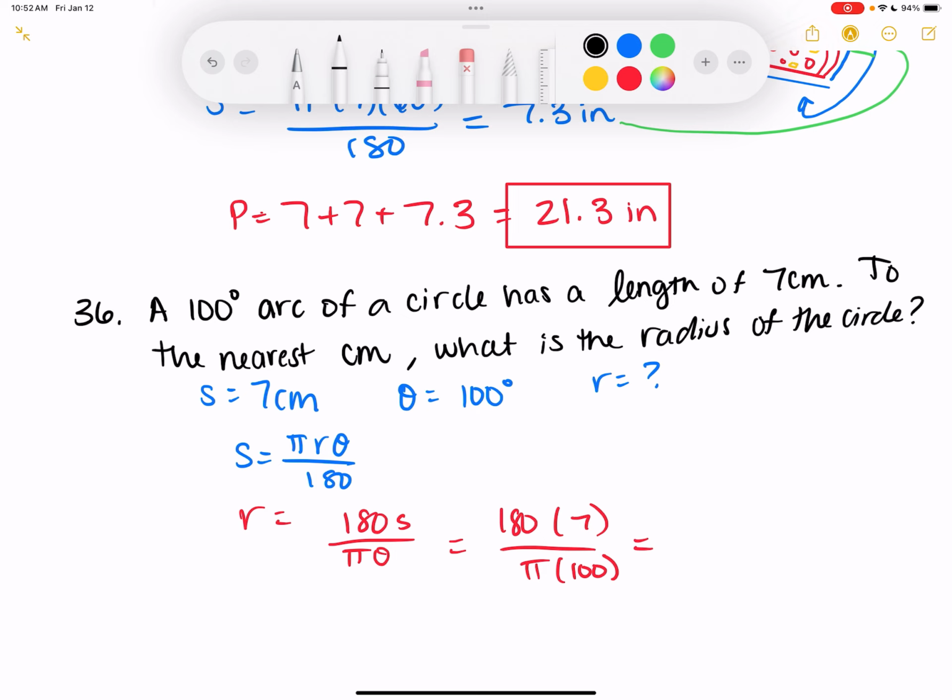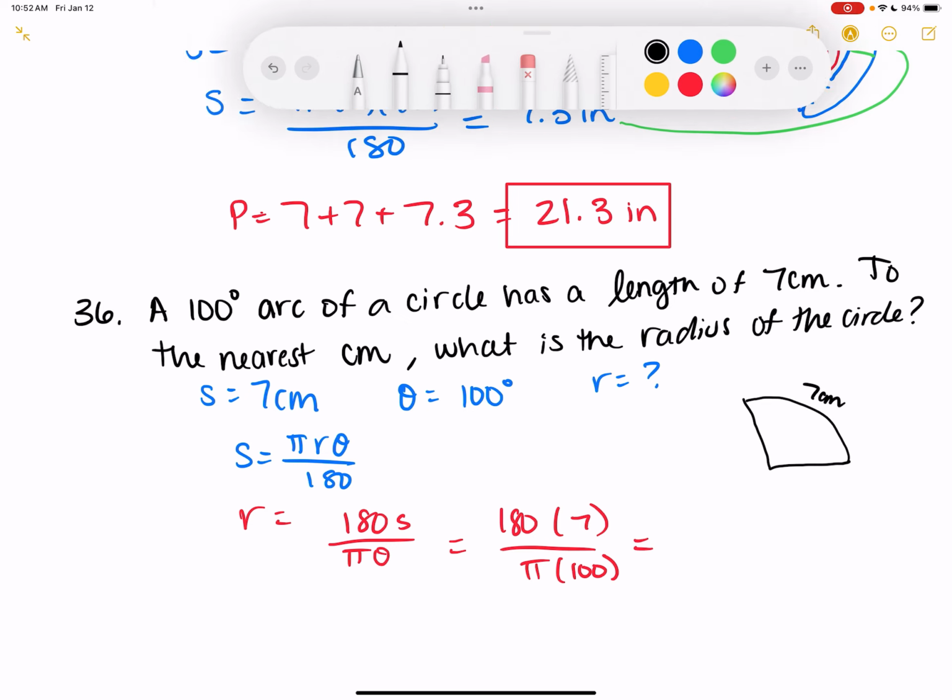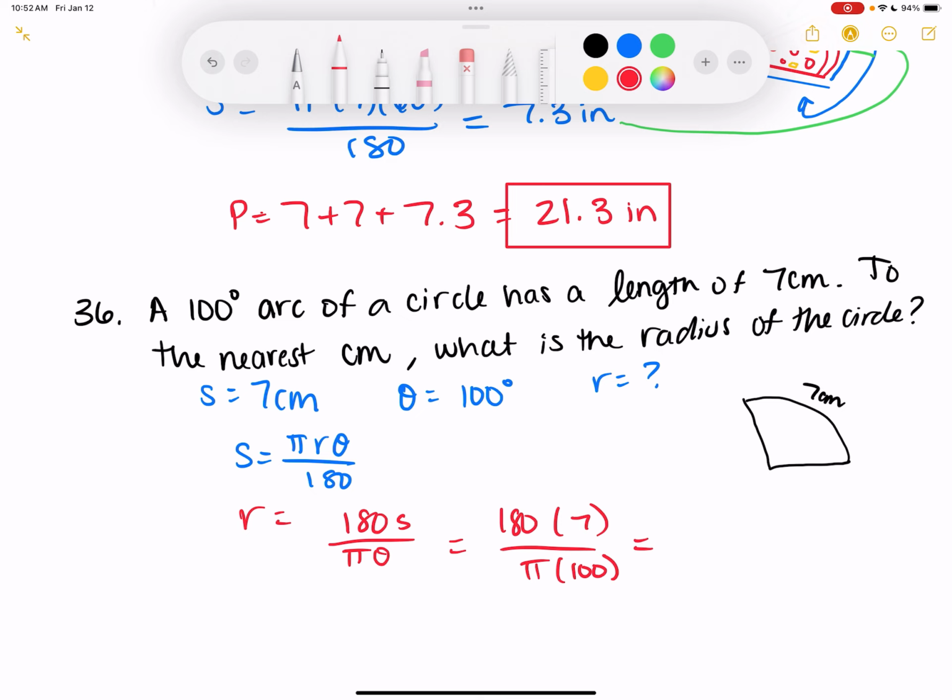So I can give you a visual of what we're looking at here. Anyone?